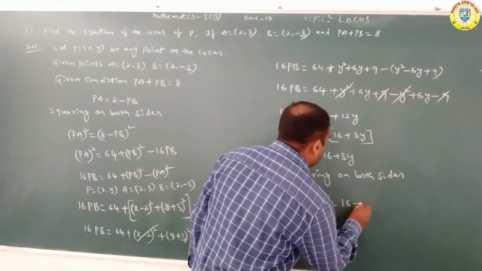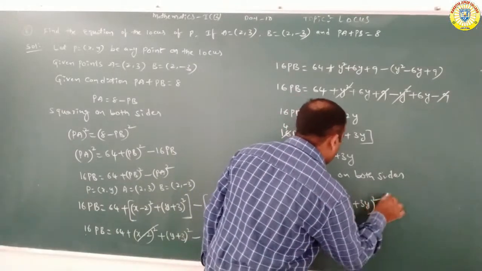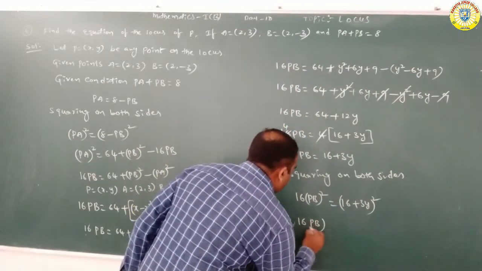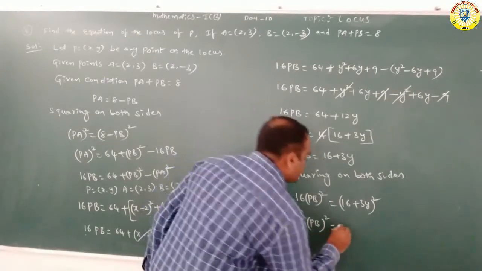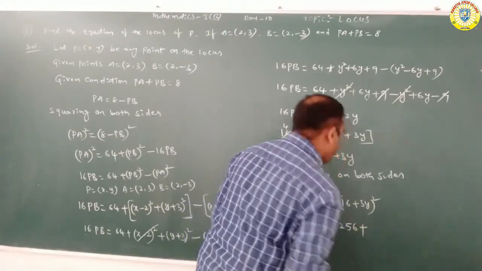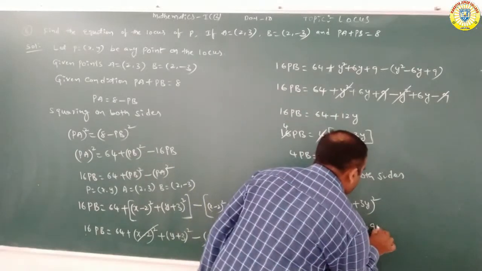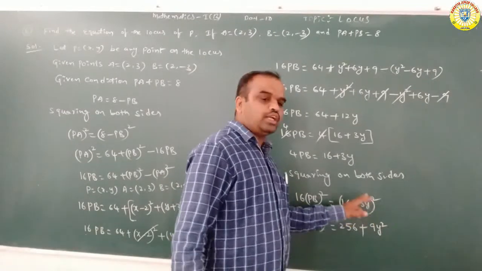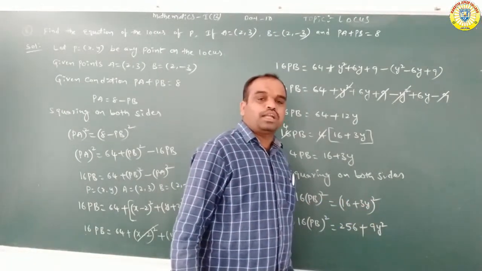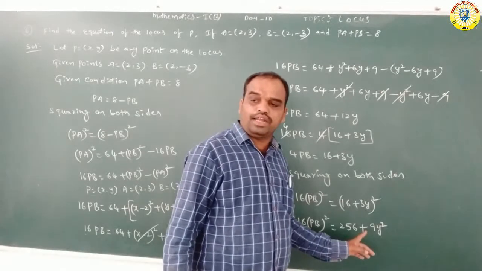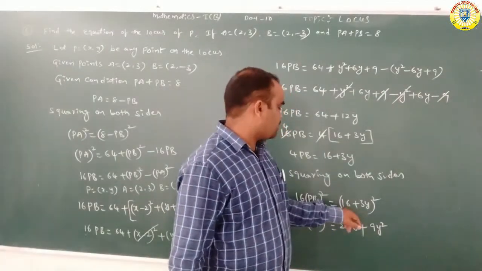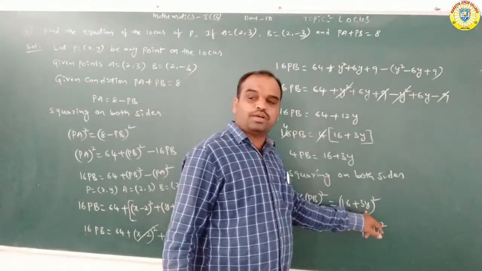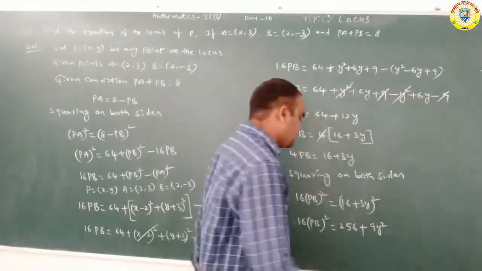Here we can write 16 plus 3y whole square. 16 squared is 256, plus 3y whole square, 9y square. 16 into 3y is 48y, so 48 into 2 is 96y. 2 into 16 is 32, 32 into 3 is 96. Yes, 96y.